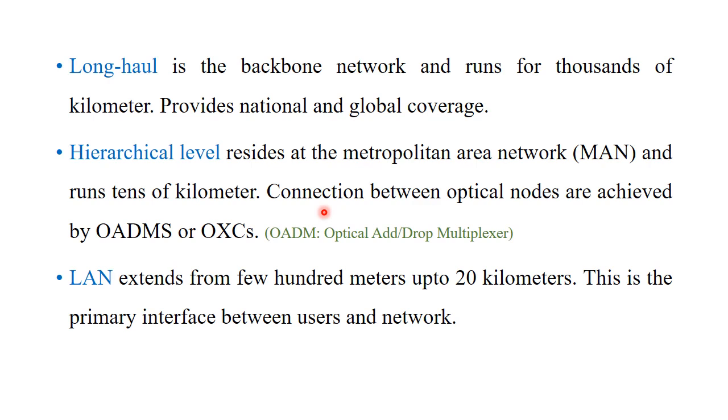Connection between optical nodes is achieved by OADMs or optical cross connects. The LAN, that is the last one, extends from a few hundred meters up to 20 kilometers. This is the primary interface between the user and the network. So this corresponds to the access part.